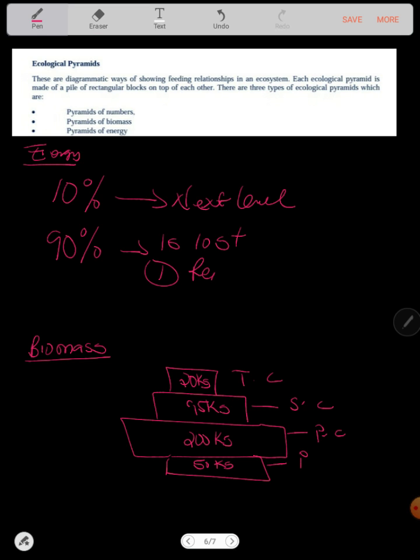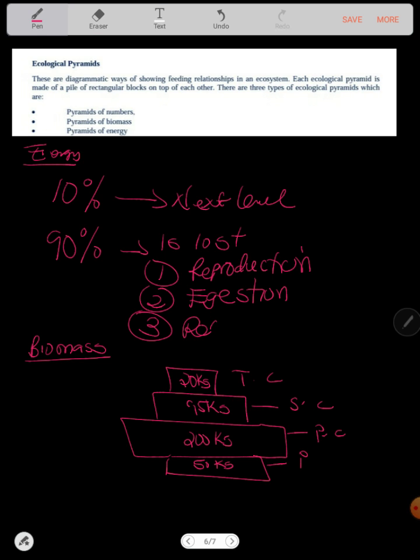Through reproduction, through egestion, through respiration. These are some of the processes in which the 90% of energy is lost. So only 10% of it is transferred to the next trophic level.